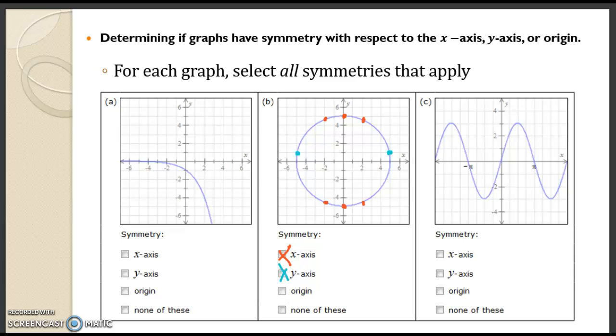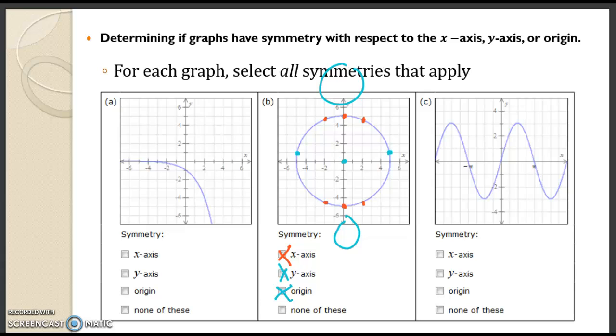Now that only happens because the origin is the center of the circle. Now, if the center of the circle was moved up here, we're always going to rotate it about the origin. So if we had a circle up here and we rotated it 180 degrees, it would end up down here and it would not land on itself. So it wouldn't have origin symmetry. But this one does have origin symmetry.